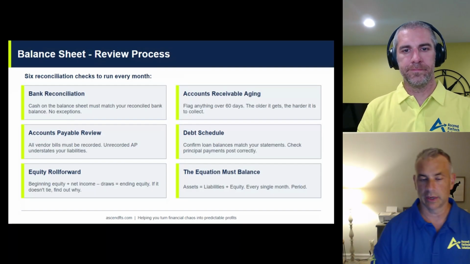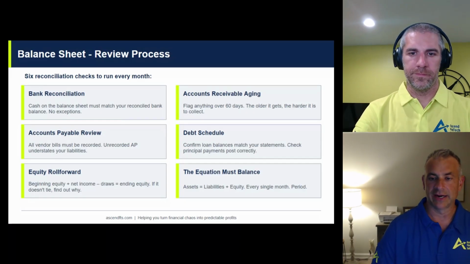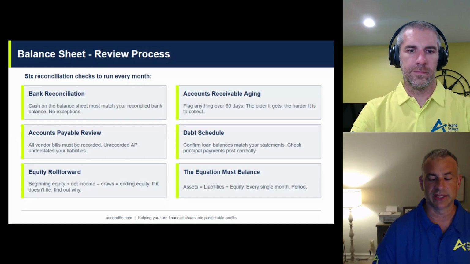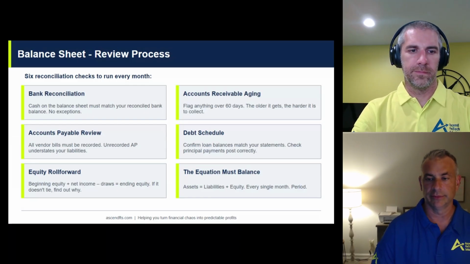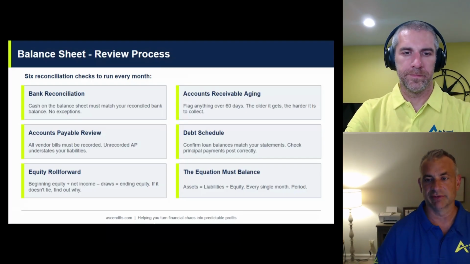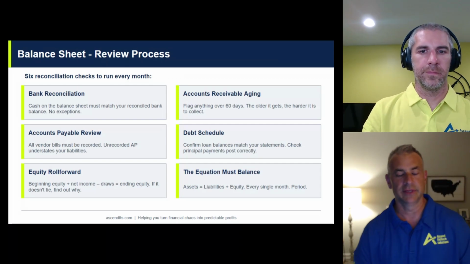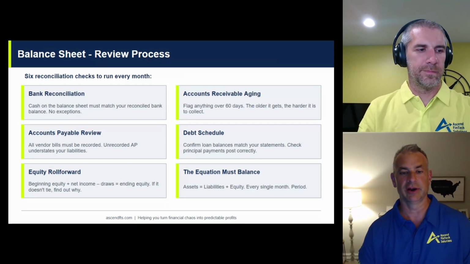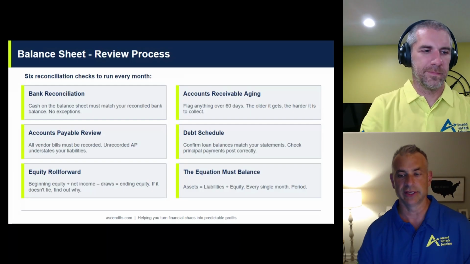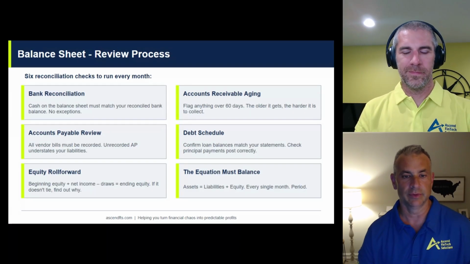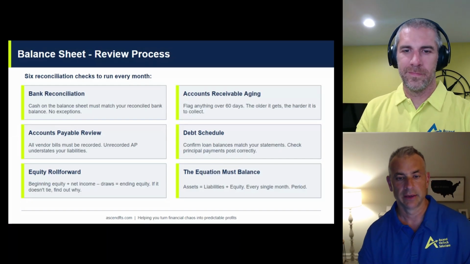If you're going to get a line of credit based on your receivables, and you do large jobs that go from a couple weeks to a couple months, you're going to have receivables, and a lender is usually not going to give you credit for anything over 60 days. So you want to make sure you're getting everything collected well under that 60-day mark.